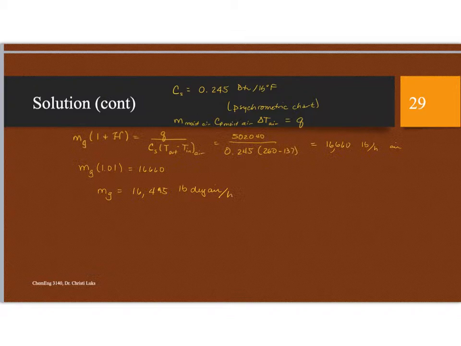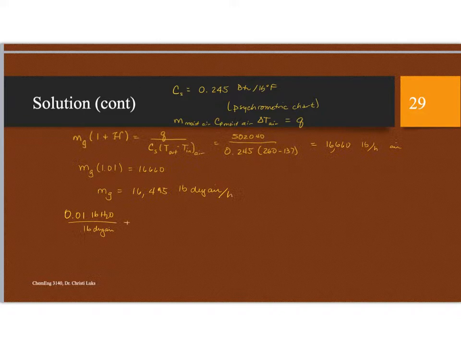Now I can also figure out what the exiting humidity is from a material balance. So the exiting humidity, it started with 0.01 pounds of water per pound of dry air.